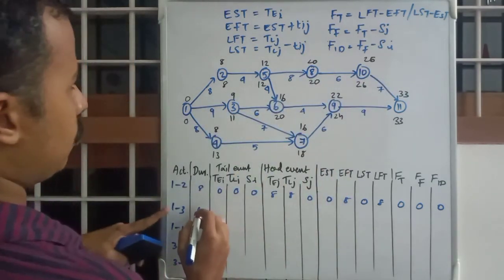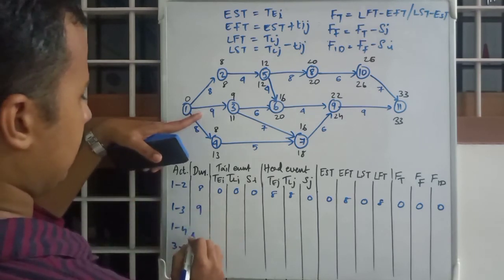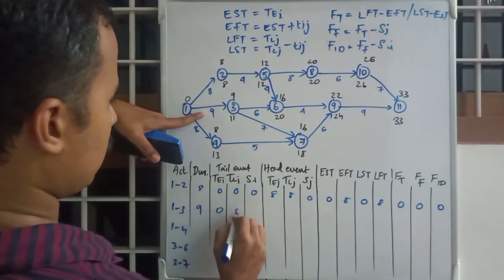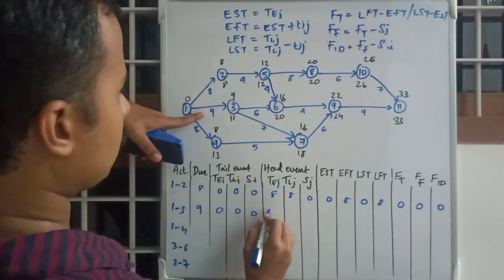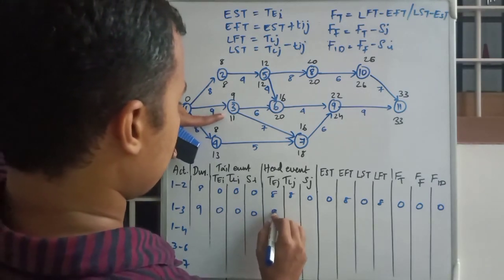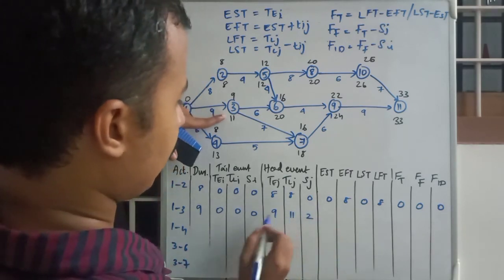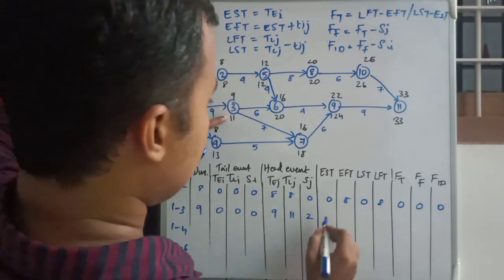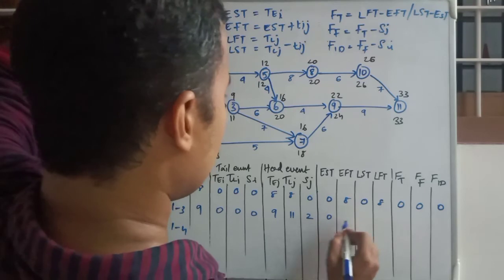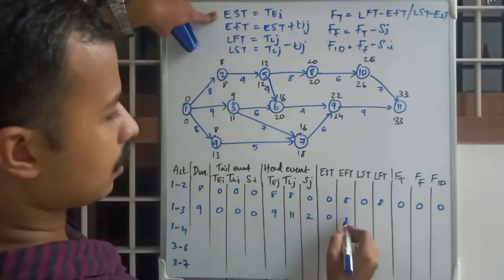Okay, and for 1 to 3, the duration is 9. For tail event 1, the value is again 0, 0, difference is 0. Head event is 9, 11, SJ is 2, 11 minus 9. EST is the tail event value, that is 0. EFT is 0 plus 9, that is 9.